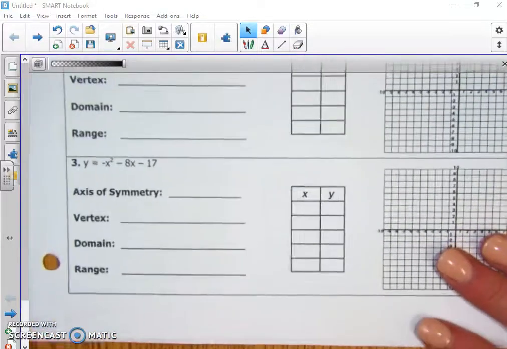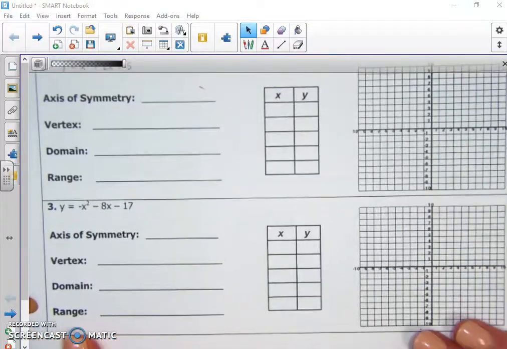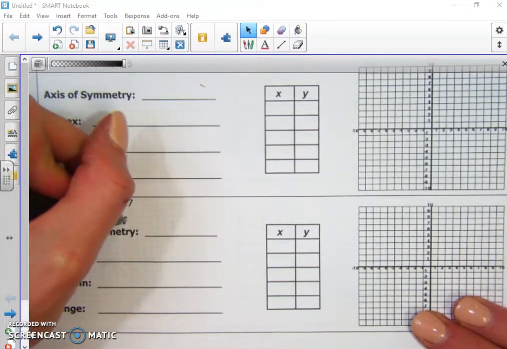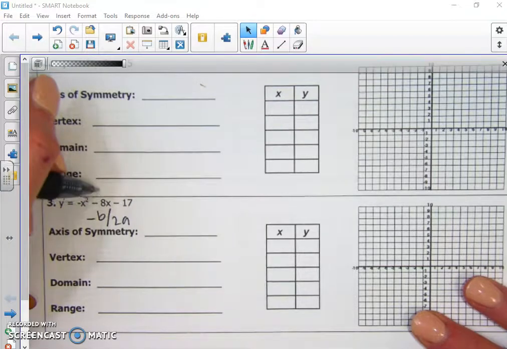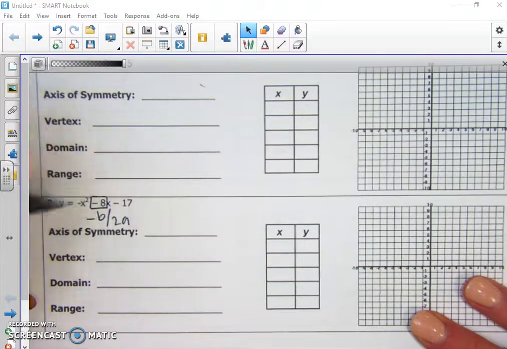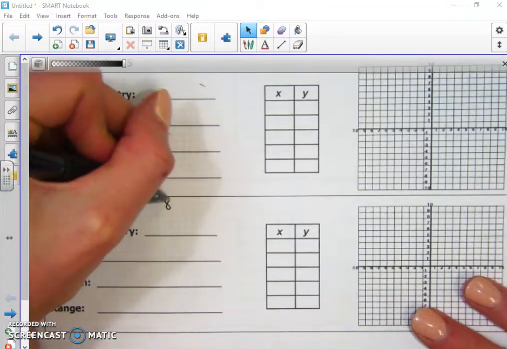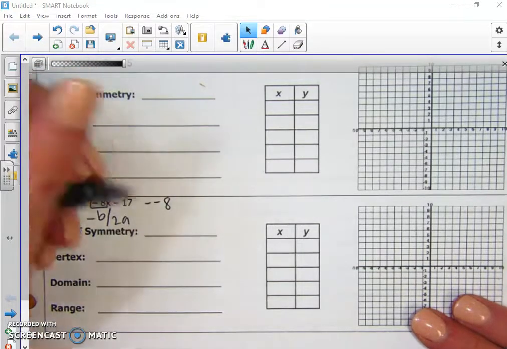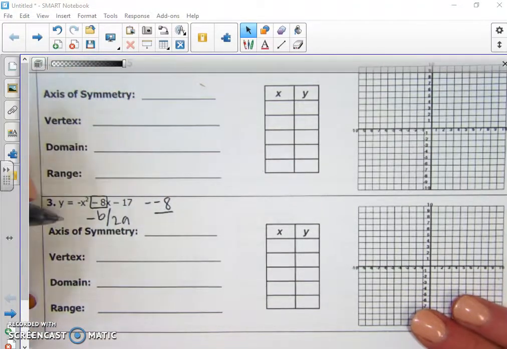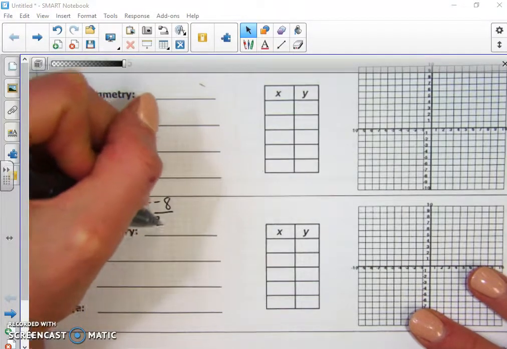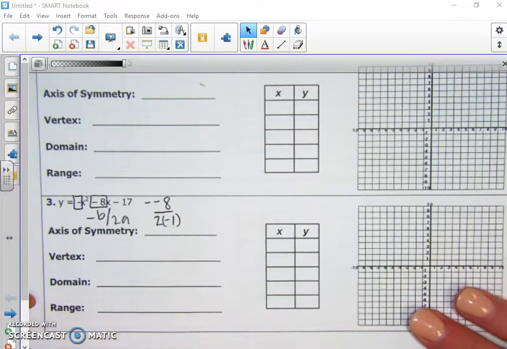Let's see number 3. All right, for this one, axis of symmetry, so negative b over 2a. b in this case is -8. So if we have negative -8, that just becomes positive 8 over 2a. a is -1, so 2 times -1.